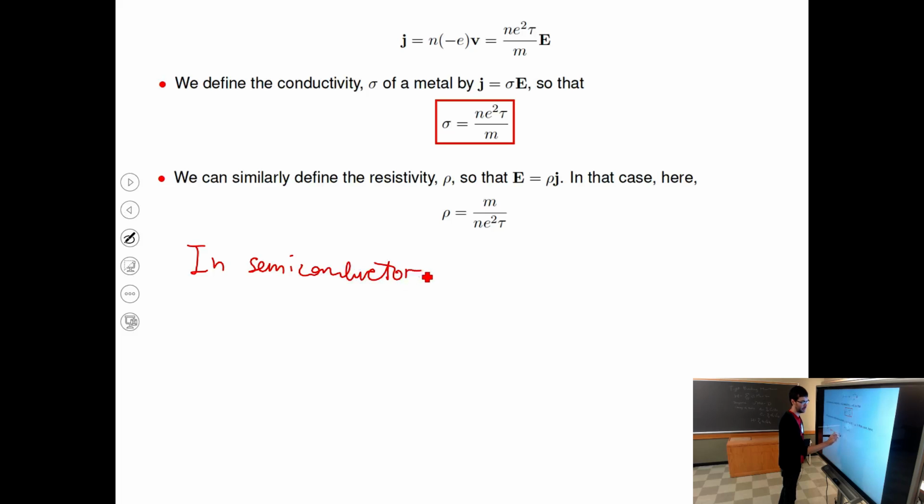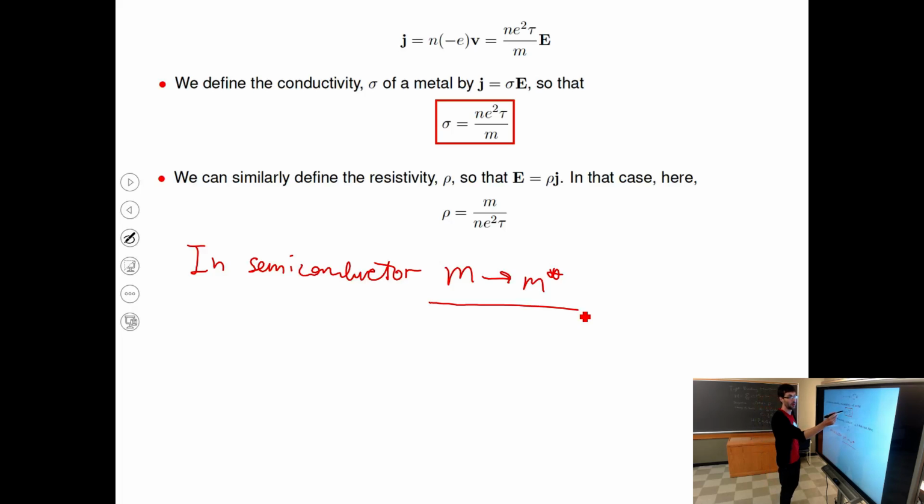In a semiconductor, mass might be replaced by an effective mass, denoted by m star. We will see hopefully later in the course where this comes from. I can tell you for now that it is beyond Drude theory and beyond Sommerfeld theory. It comes from adding crystal structure into the model.